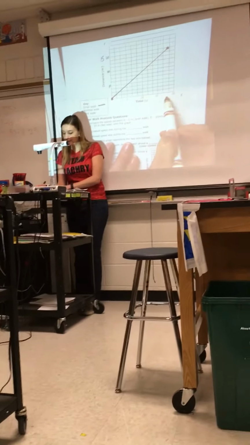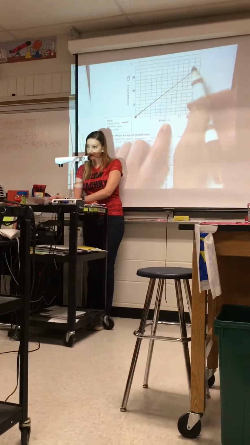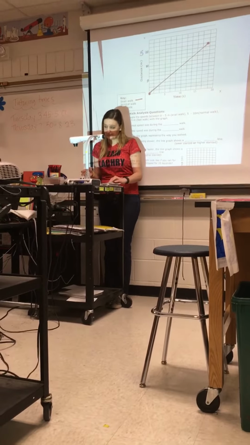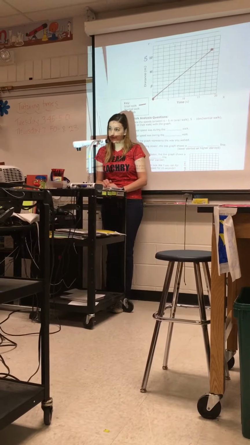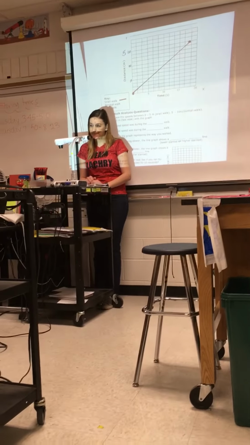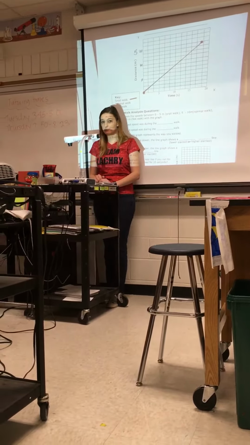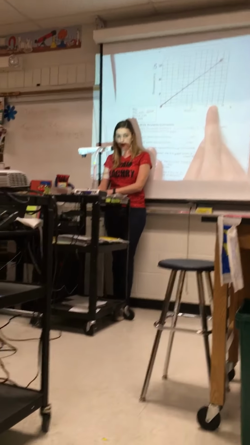So I went over my 17.9 seconds because time is on the bottom, and I went up my 5 meters. Wait, 5's at the bottom? Time is at the bottom. There's 5, 10, 15, 20. So it took me 17.9.